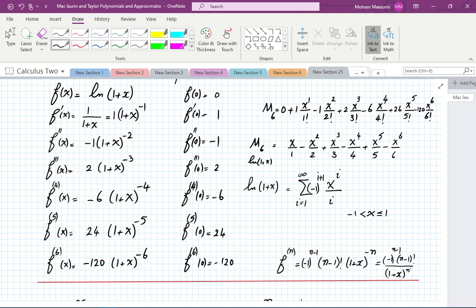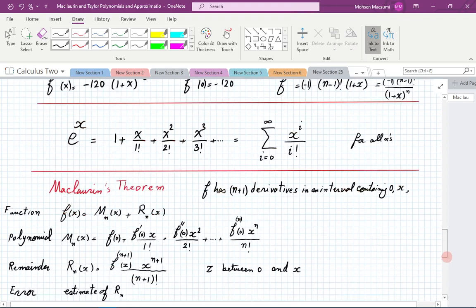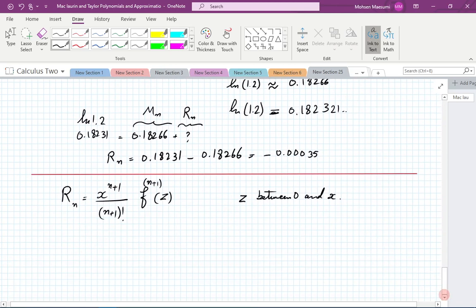In the formula for the remainder, we need f n plus 1. So I'm going to enter f n plus 1 there. So f n plus 1 is going to be, when we have n plus 1, this becomes n factorial, and the denominator becomes n plus 1. So let's go ahead and write that here.